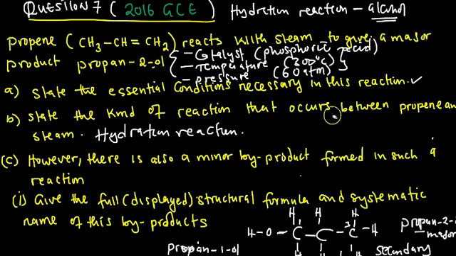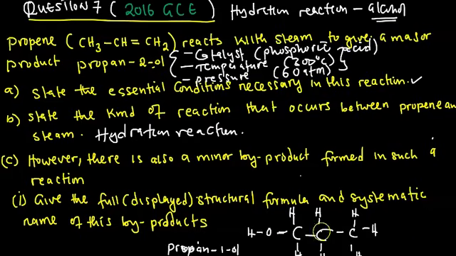What is the displayed structure? So the displayed structure, it is this, where the OH is at carbon 1. So this is the displayed structure. Now what is the systematic name? Is propan-1-ol. That is the systematic name. So that is how you need to look at this.